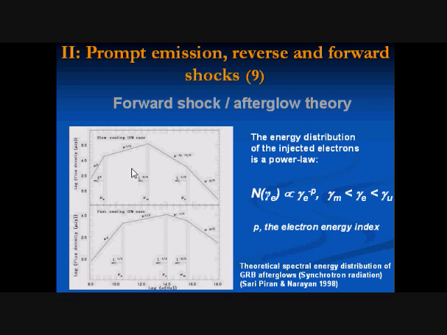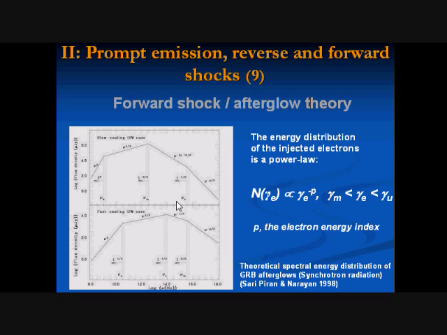The energy distribution of the injected electrons is shown in this figure. Two cases are shown where the spectral energy distribution is non-thermal, and it's a function of the electron energy index p of the injected electrons.